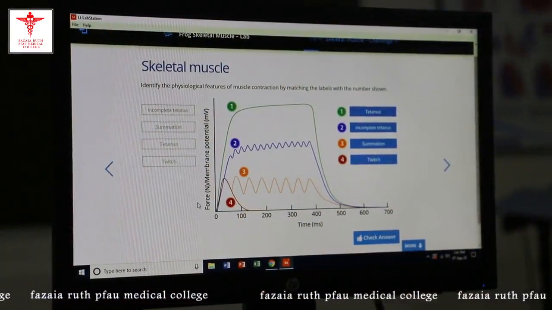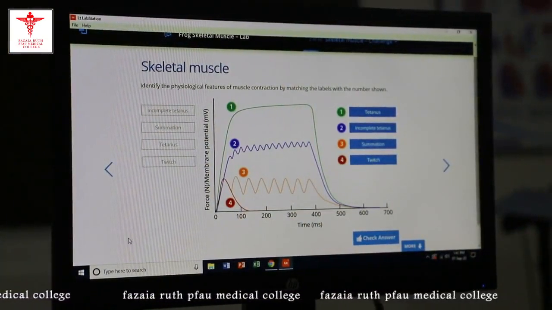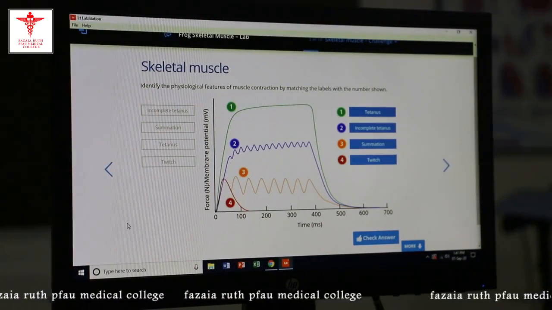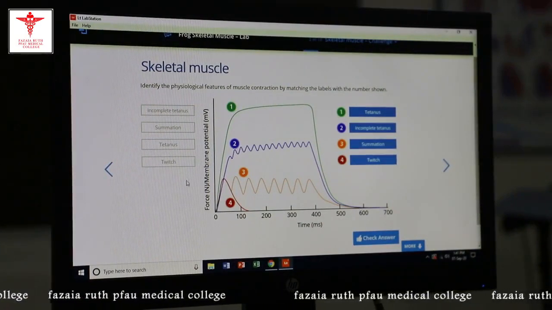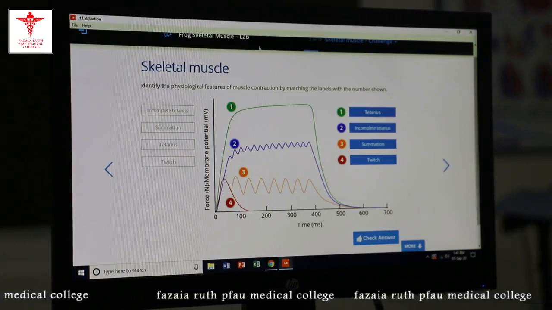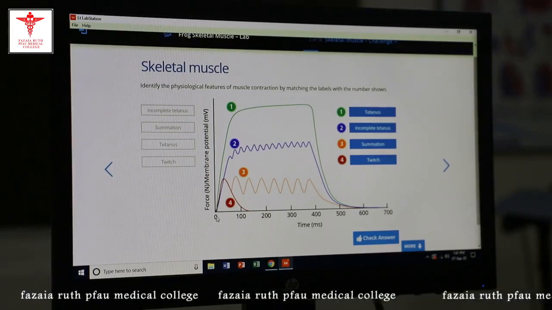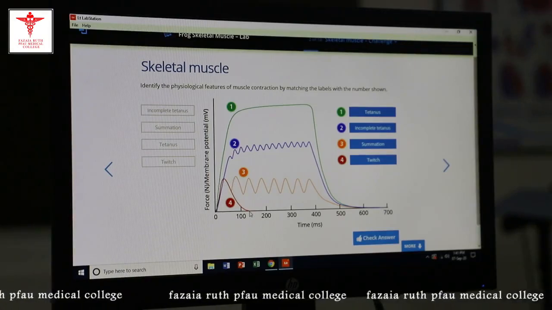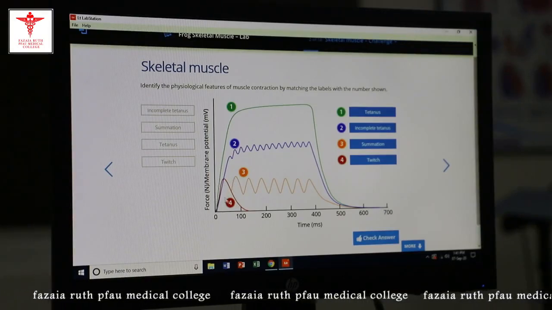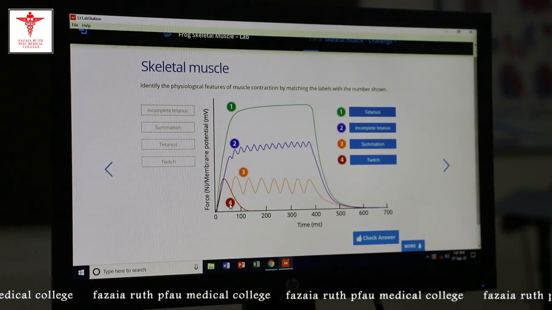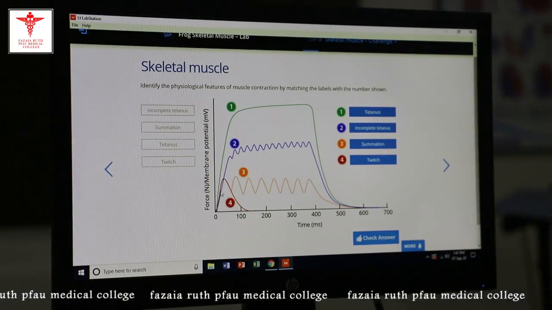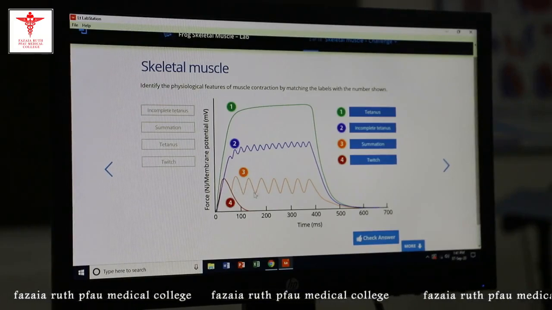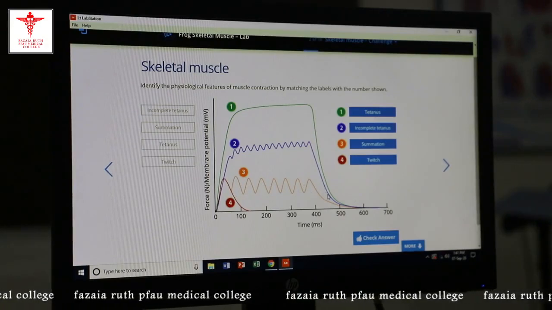Okay, now if you see over here, we are going to perform this on the lab tutor. This is the practical that we are going to learn today. The red line, the red graph you can see is the muscle twitch, which is number 4. All right. If you see number 3, this is summation.